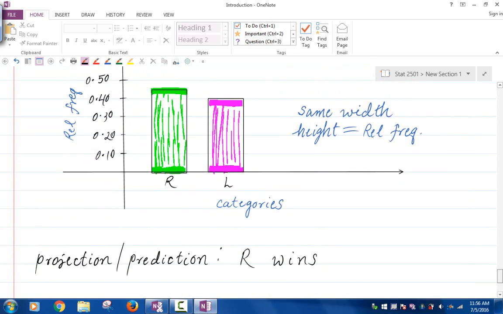Okay, so what prediction can you make from this study? From your sample, you found out 45% prefer Roosevelt and 40% prefer Landon, and then you say, well, I think Roosevelt's going to win, right?